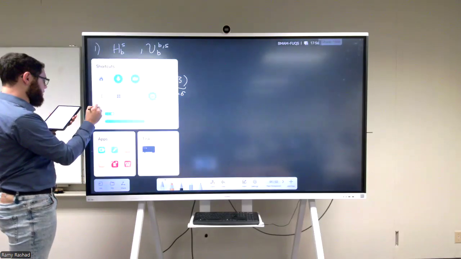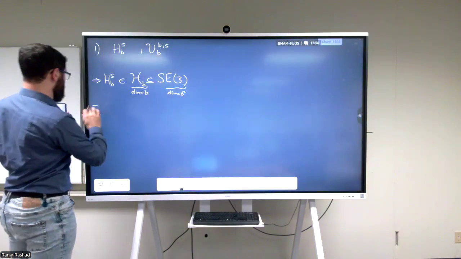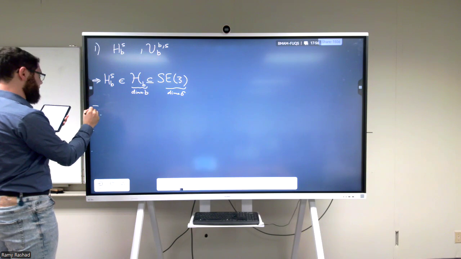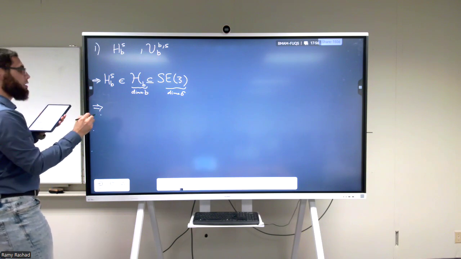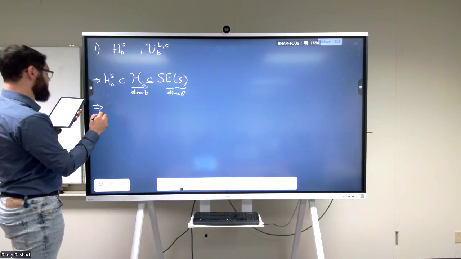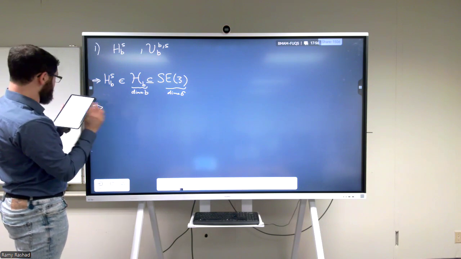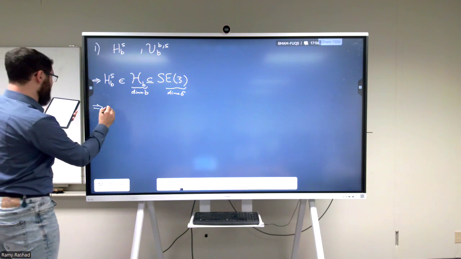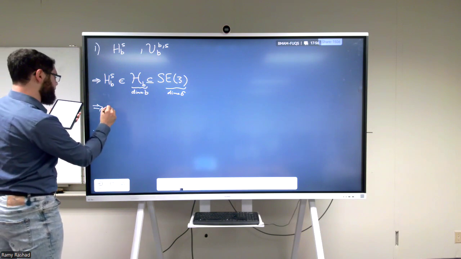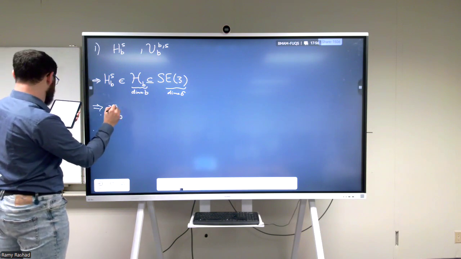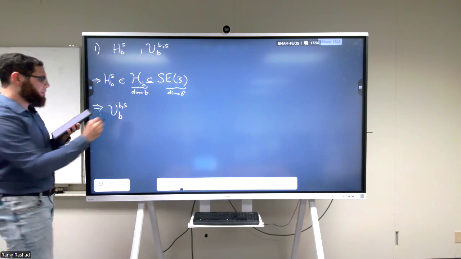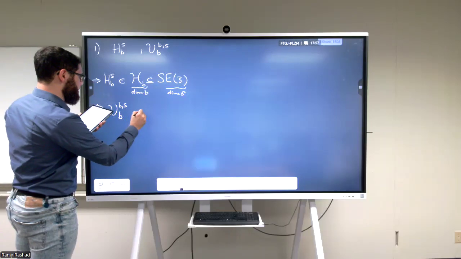And the twist, let's keep it like this. And then we have that the twist of B with respect to S expressed in B will be given by some map.